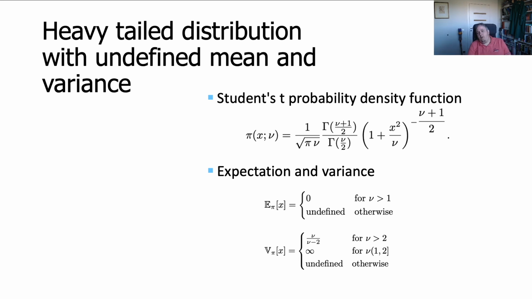What is interesting is that the student distribution generally has three parameters: scale, location, and degrees of freedom. Location is generally the location of the maximum of the function. We don't say mean because it doesn't always exist. Location always exists.